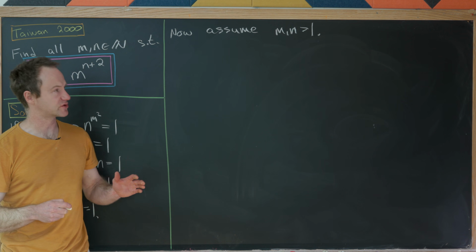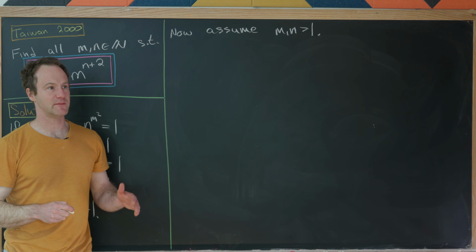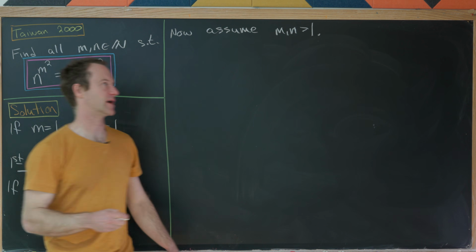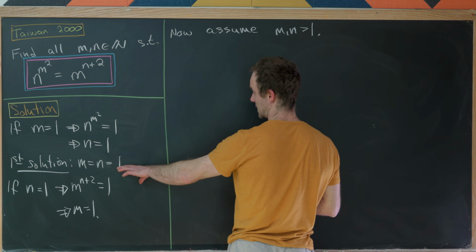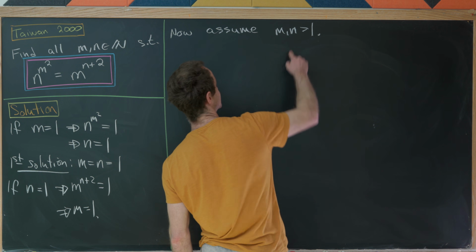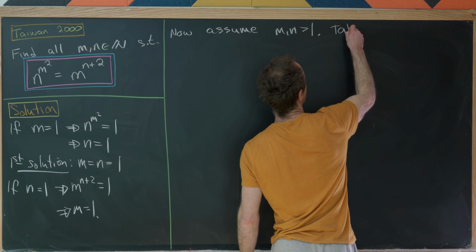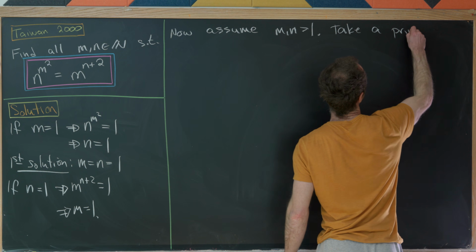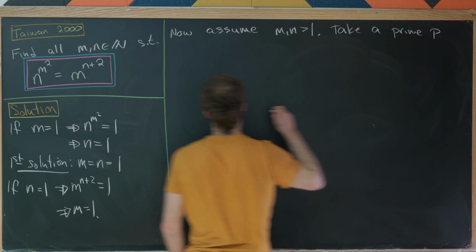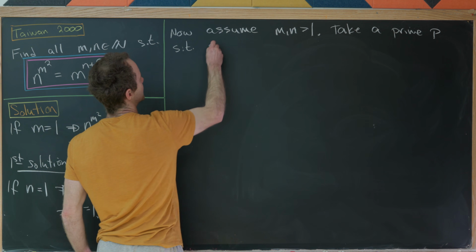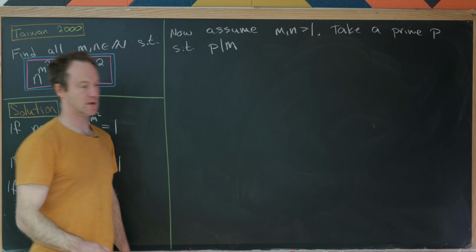But if they're strictly bigger than 1, then that means they're divisible by a prime. Notice they're not divisible by a prime if they're equal to 1, so that's why it's important to break these into cases. So let's take a prime p dividing, let's see, maybe which one do we want to start with? Maybe dividing m.